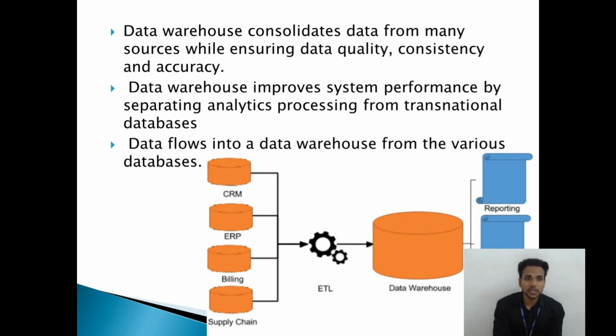And data warehouses consolidate data from many sources, as I already showed you, while ensuring data quality, consistency and accuracy. It does not compromise on data accuracy. Data warehousing improves system performance by separating analytics processing from transactional databases. Data flows into a data warehouse from the various databases.